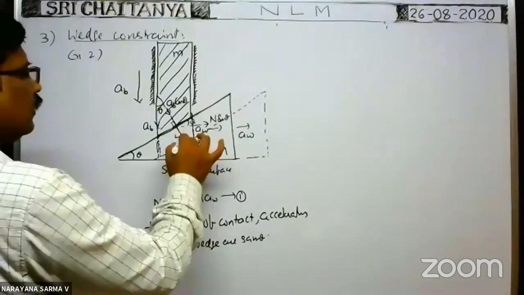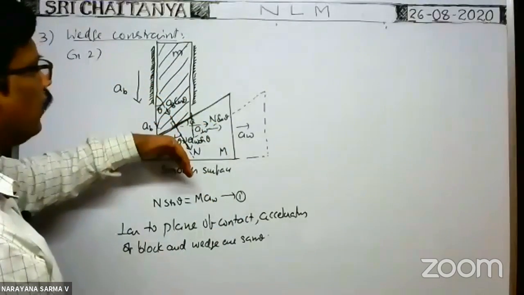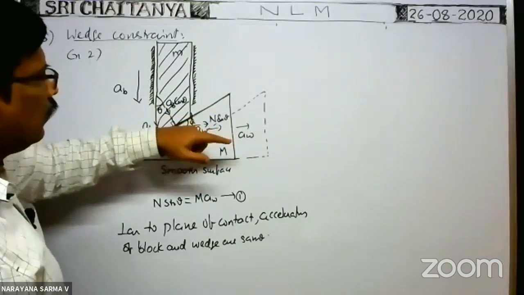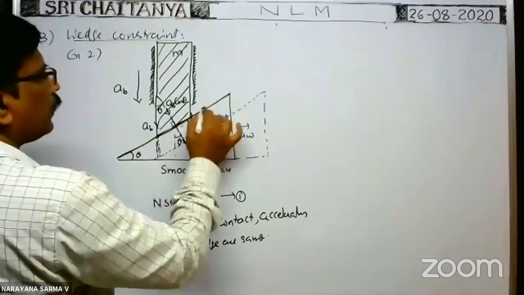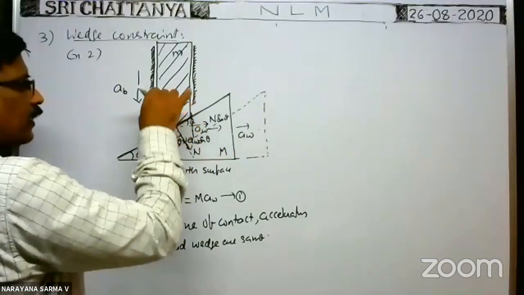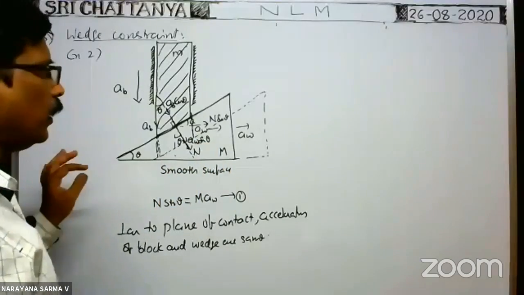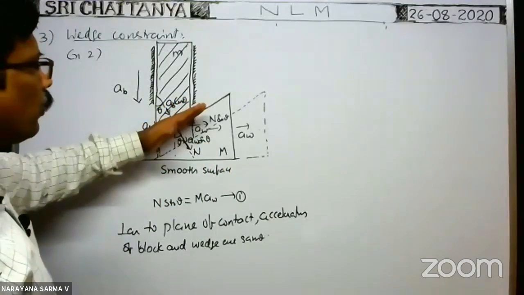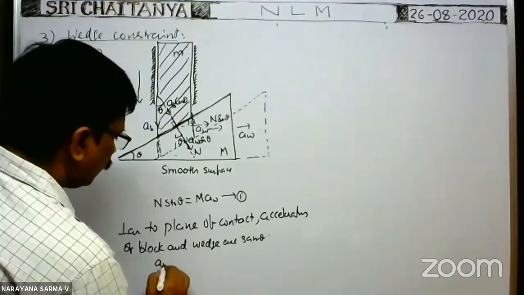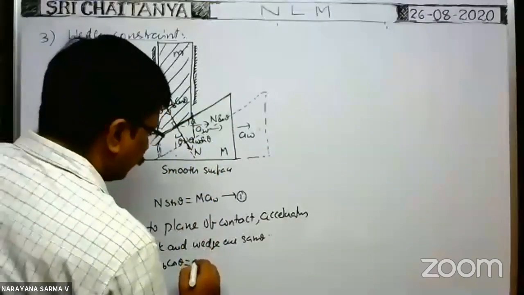When you resolve AW into components, one component in this direction, another component perpendicular to the plane of contact, the acceleration of the wedge in this direction is equal to AW sine theta. So perpendicular to plane of contact, acceleration of the block is AB cos theta, acceleration of the wedge is AW sine theta.